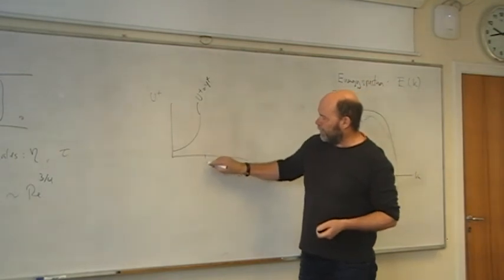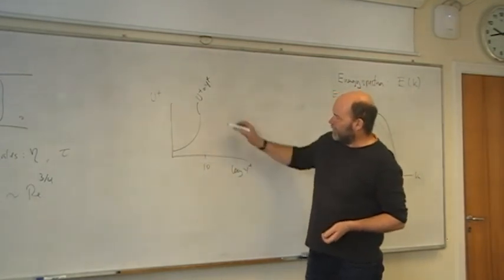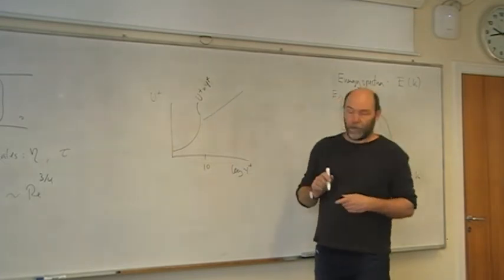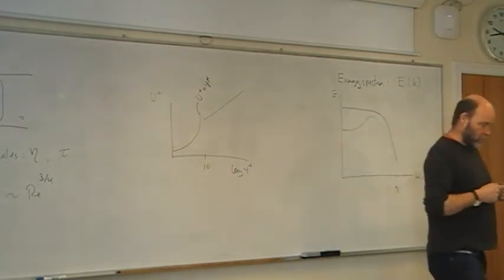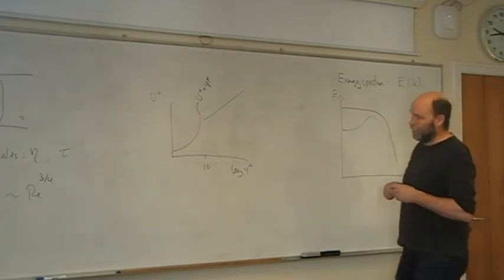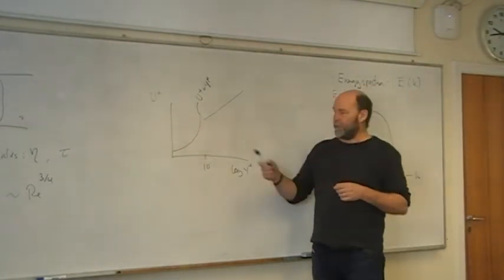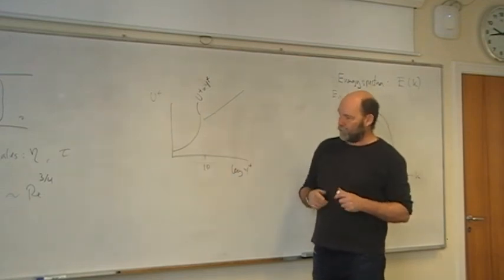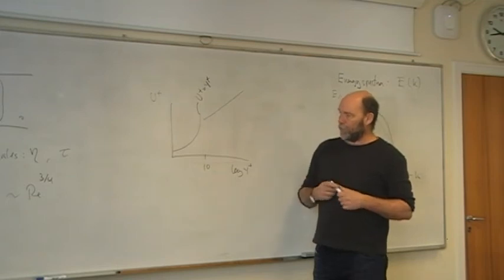And then for y plus around 10, you switch from the inner to the log law. So it will be a straight line in this semi-log graph. And this is highly validated with all the experiments. Yes, this is your velocity profile, very close to the walls within a turbulent boundary layer.